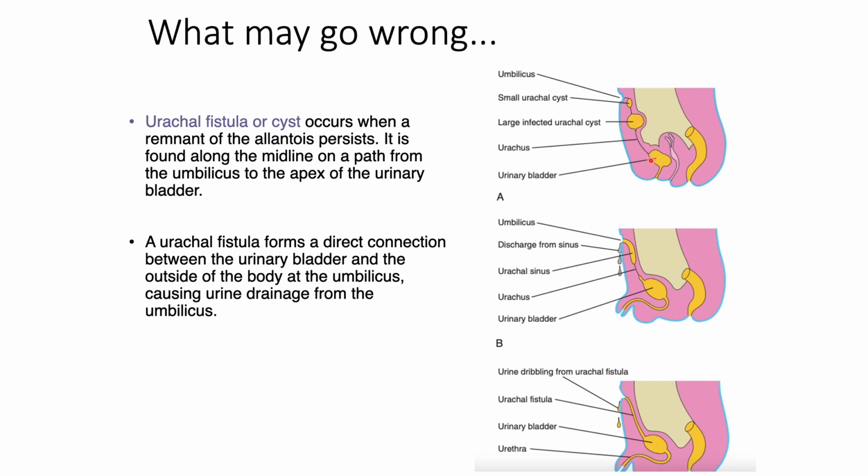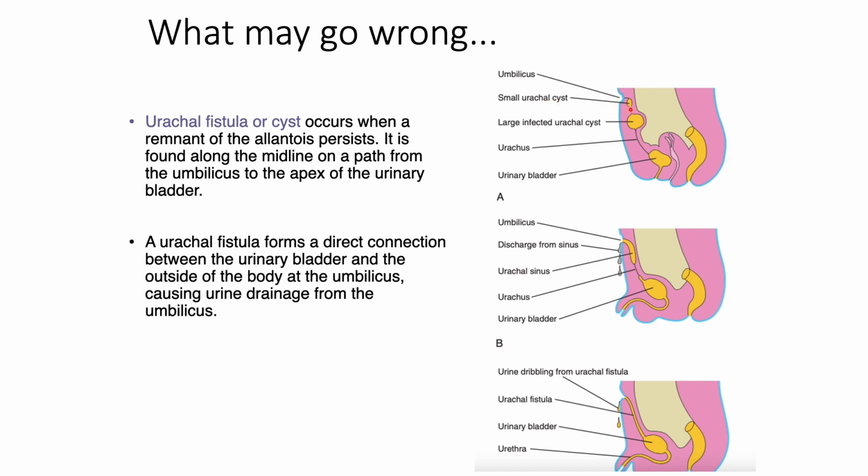That's the urachus, that is the urinary bladder. So you expect the allantois to be here, once it is persisting in the form of a urachal fistula.